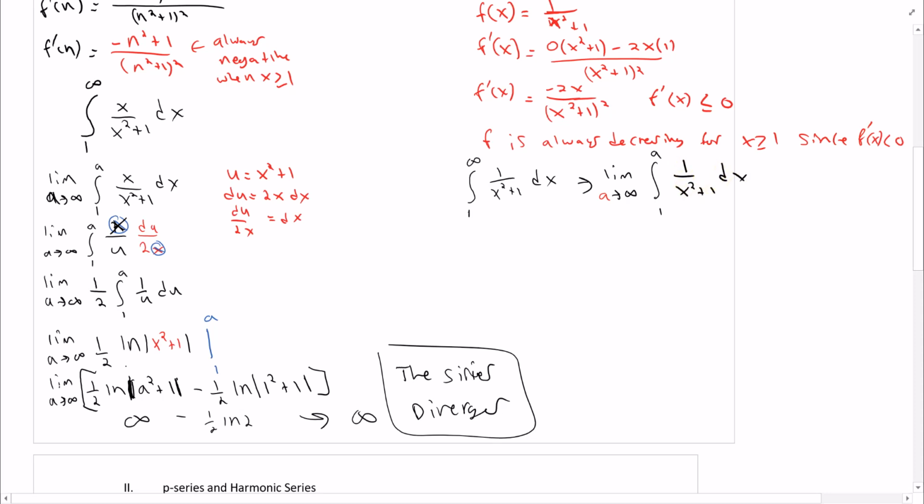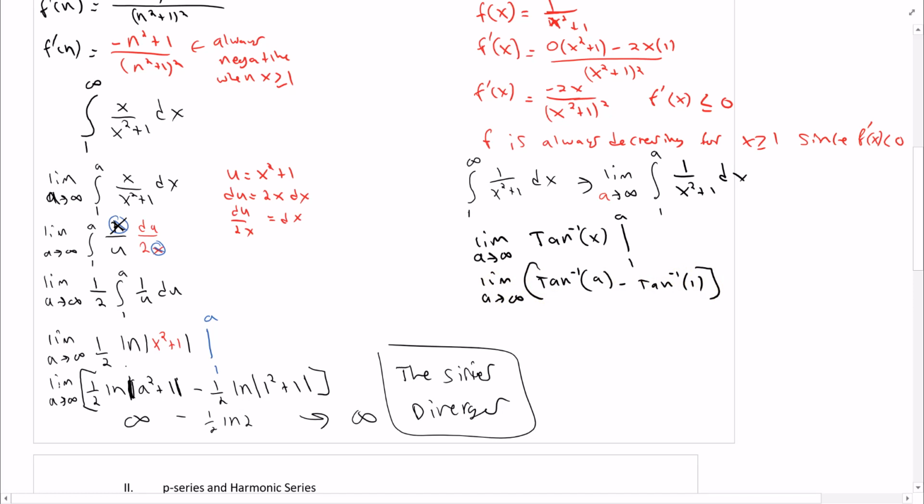I don't know if you recognize this. This is arctan. So when we integrate, we're going to get arctan, or tan inverse x, evaluated from 1 to a, which basically becomes tan inverse of a minus tan inverse of 1, and we're still taking the limit as a goes to infinity.